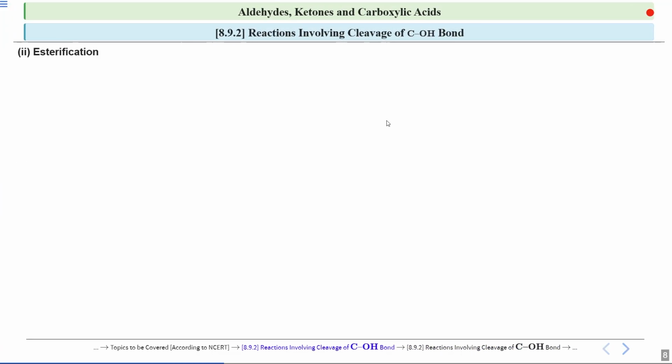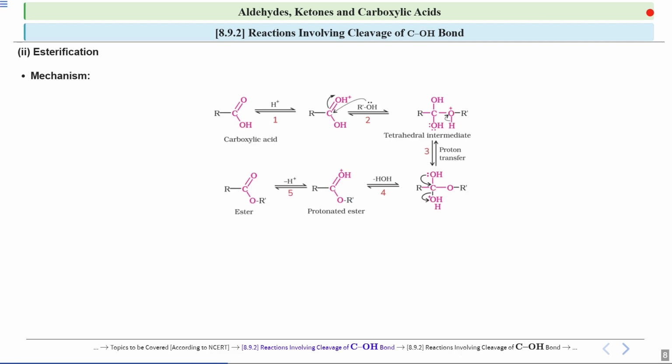Now we will see the mechanism, how this reaction is happening. So this is the overall mechanism of esterification. One by one we will discuss all the steps. So first step, the carbonyl oxygen of the carboxyl group is protonated.